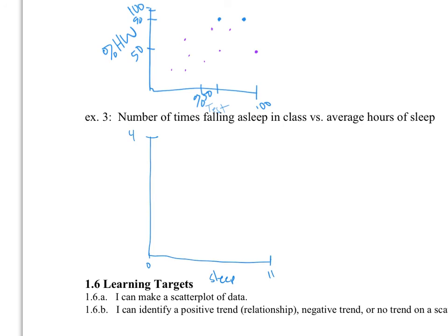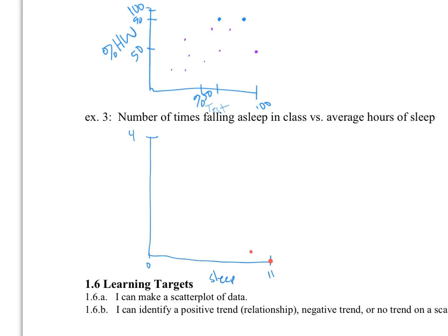So a scatter plot of this data, and each dot represents a different person. So Emery gets 11 hours of sleep, and she falls asleep in class no times ever. Emily gets a little less than 11 hours, and she falls asleep every once in a while.